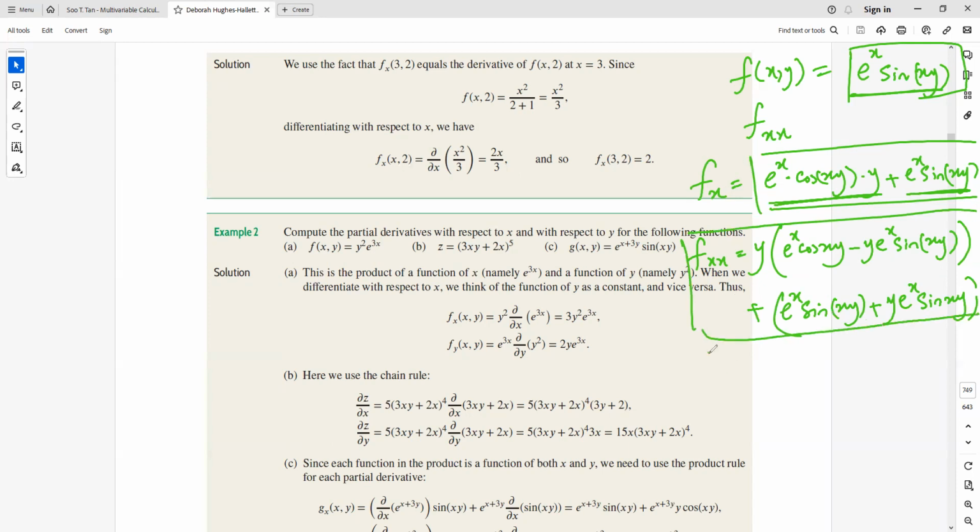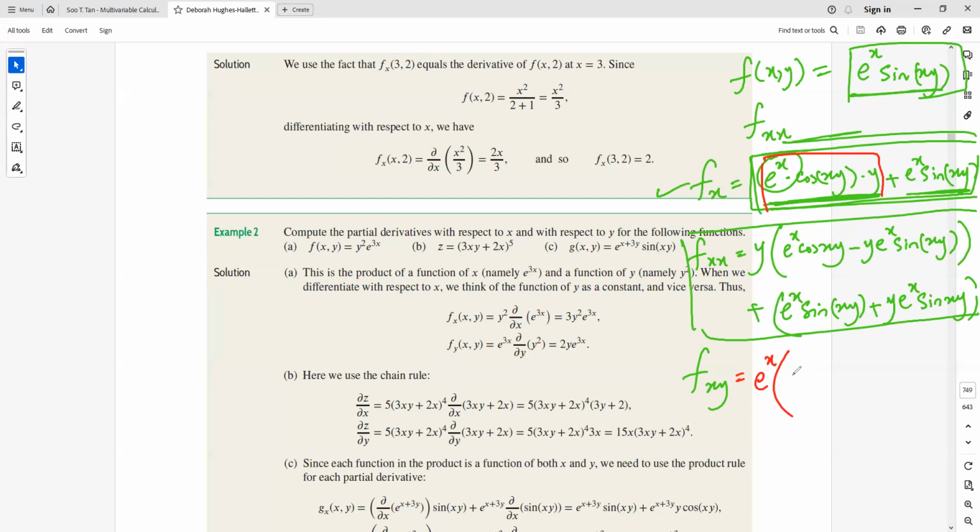Similarly, if I need to find fxy, I need to differentiate this function here with respect to y. If I differentiate this with respect to y, e power x will be treated as a constant for this part.